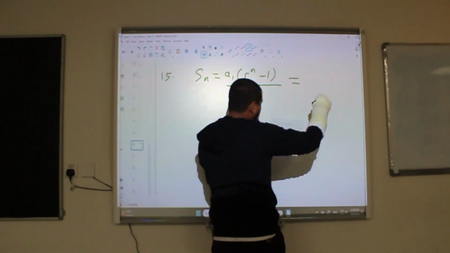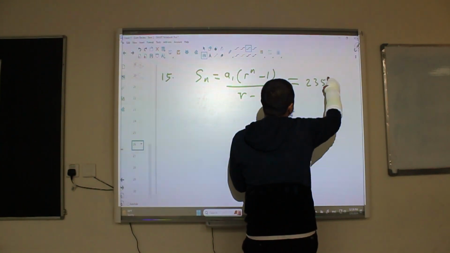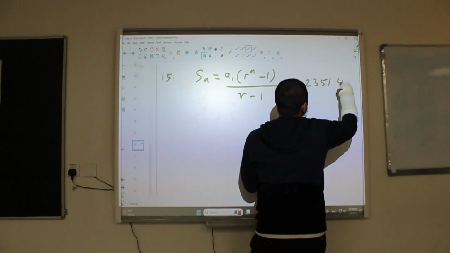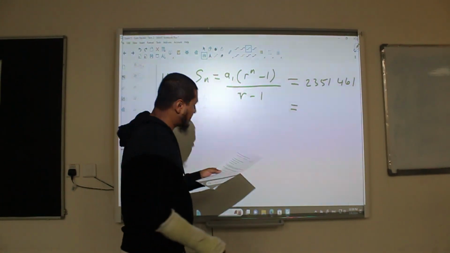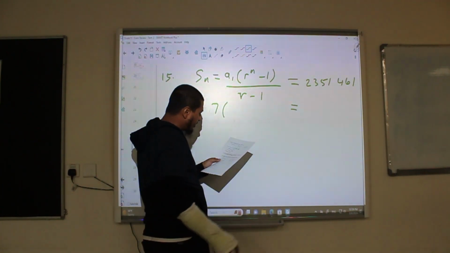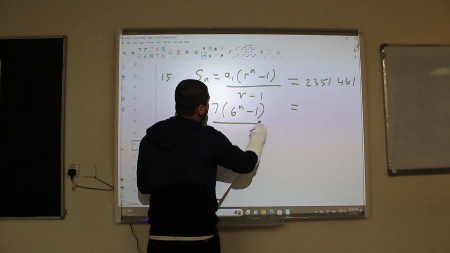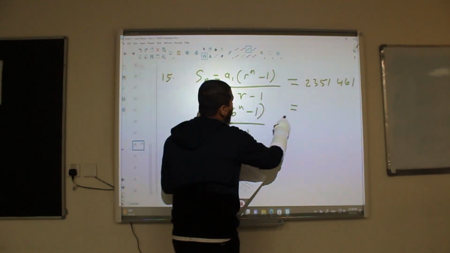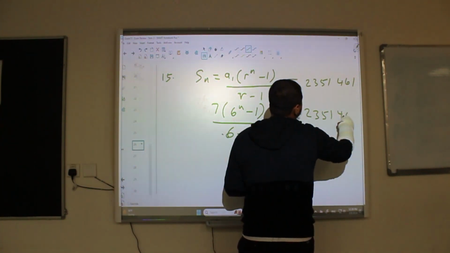The sum is already 2351461, the first term of the series is 7, so a1 is 7, and the common ratio is 6. So 7 times 6 to the power n minus 1 over 6 minus 1 is equal to 2351461.